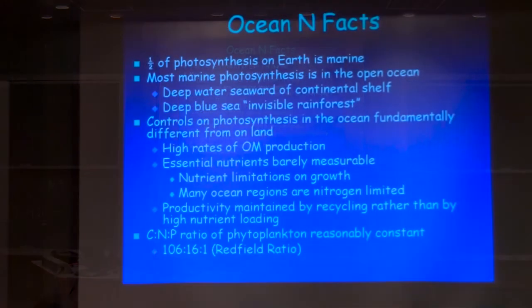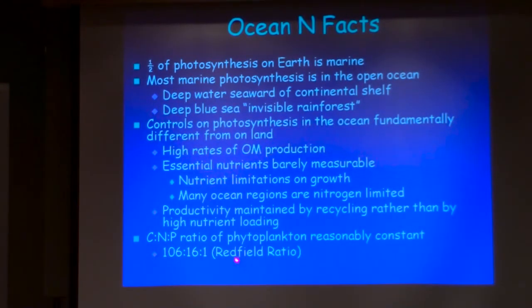This was noted a long time ago by somebody named Redfield, this Redfield ratio, this carbon to nitrogen to phosphorus ratio. Phytoplankton, as well as inorganic nutrients in the ocean, maintain this constant ratio, 106:16:1. The 16 to 1 ratio between nitrate and phosphate is particularly useful in trying to decipher what overall controls are on inputs and outputs from the ocean.